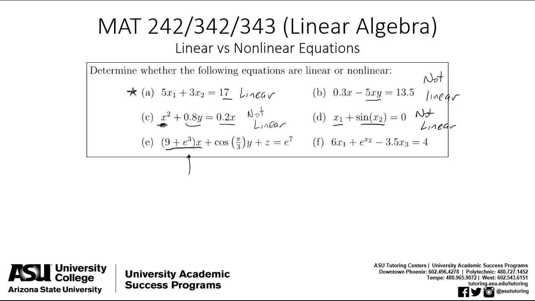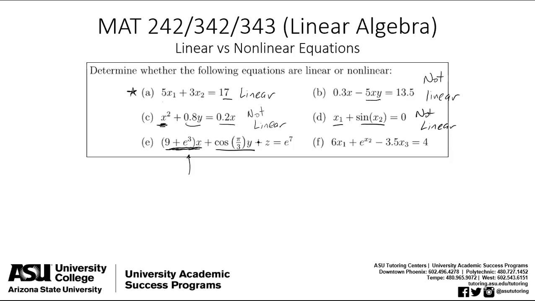And then adding 9 to it is still just some constant. So this 9 plus e cubed is just an arbitrary constant. So this first term is just a constant multiplied by a variable, which is totally fine. So we're allowed to do funky stuff with the constants. We can raise them to powers. We can take trigonometric functions of them. We're just not allowed to do that to the variables.